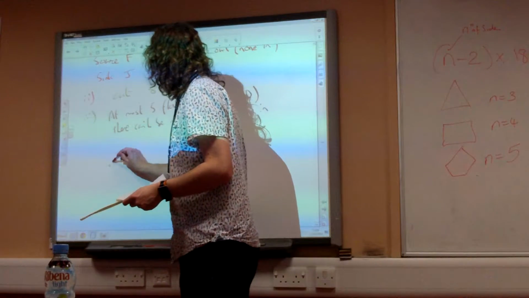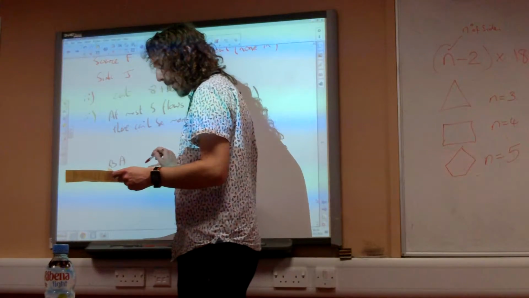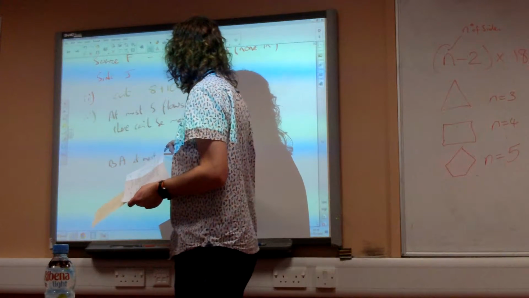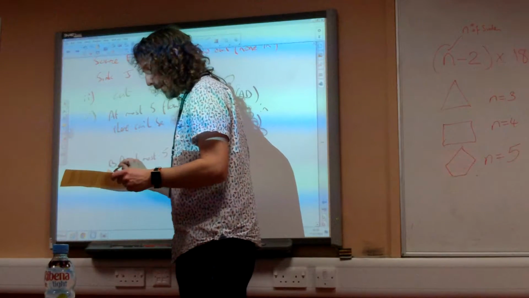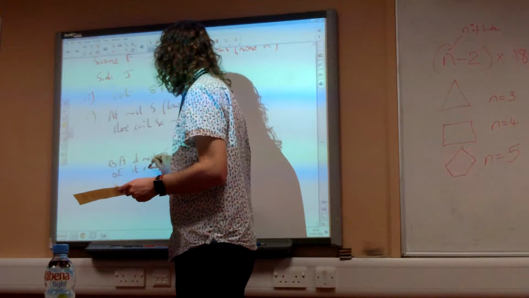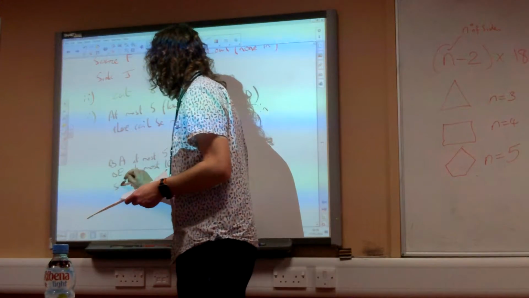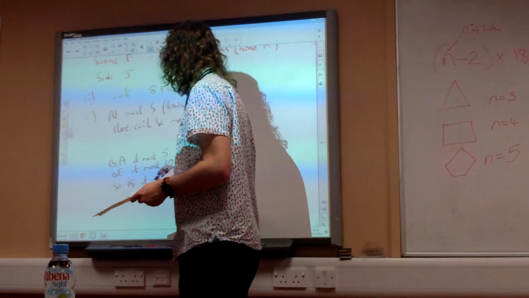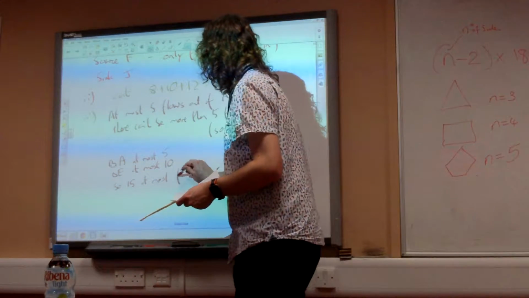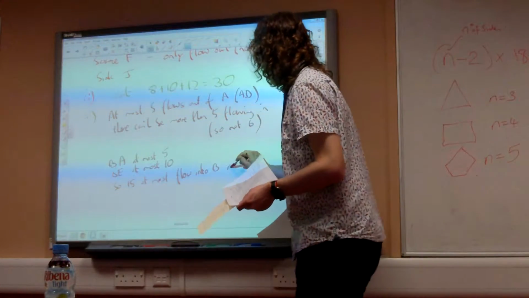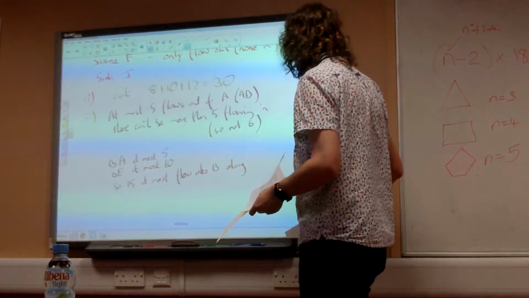So BA, we said, has a maximum of 5. BE, at most 10. So that is 15 at most flowing into B. Along CB, wasn't it? Is that the one?